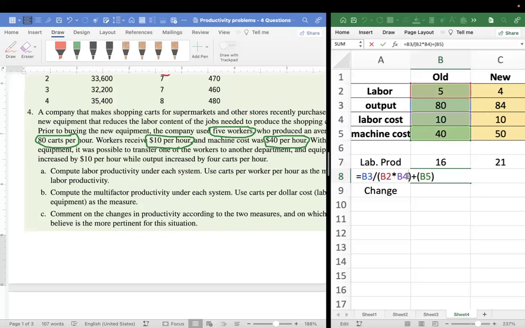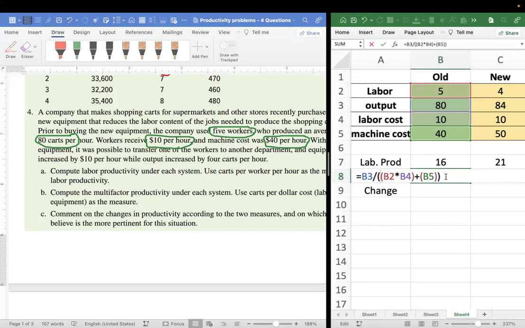So first of all, this piece, which is in parentheses, represents labor cost, and this is machine cost. Because I want to consider this whole as a denominator, I will put this whole in parentheses.